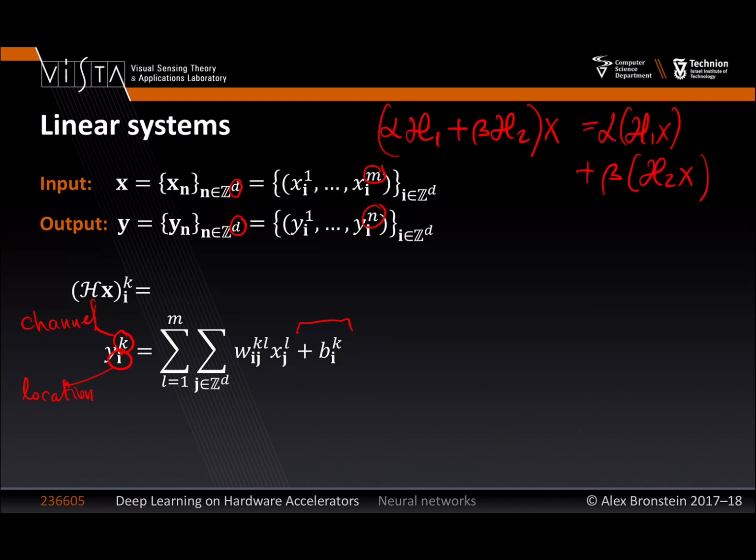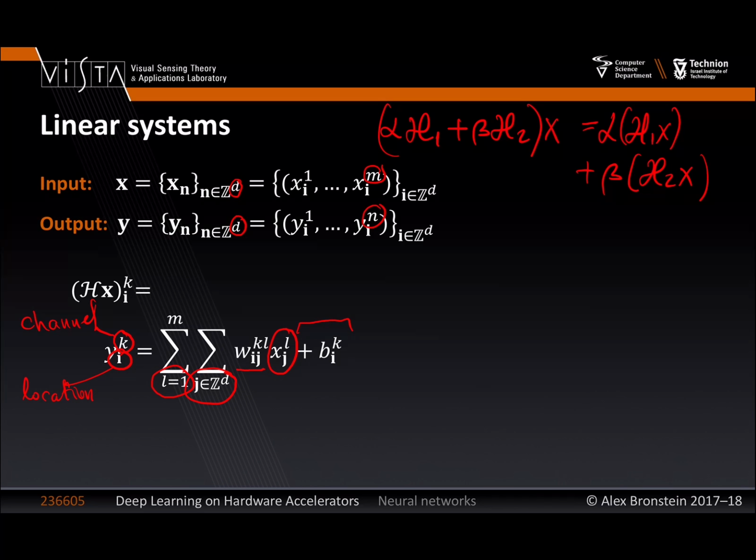Now, it is produced again from the input sequence, the input signal x, that again has this location index j of the same dimension, d-dimensional location index, and a channel that I'm indexing by l. Okay, and what I'm doing, I'm summing over all the locations j. I'm summing over all the input channels l with this set of weights.